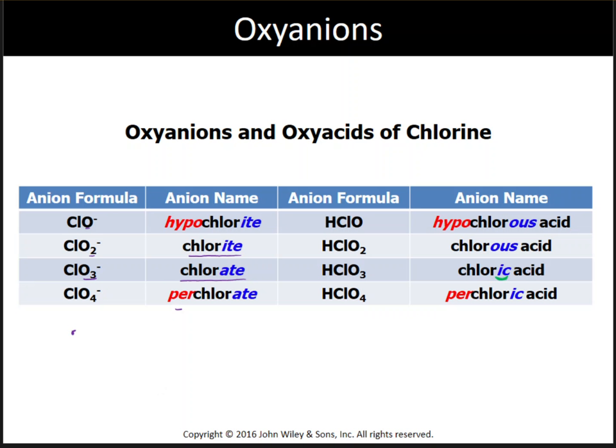So chlorate becomes chloric acid. Now if the name of the oxyanion ends with "ite," you add "ous" for the acid. So chlorite becomes chlorous acid. Then you can have hypochlorous and perchloric acid as well.